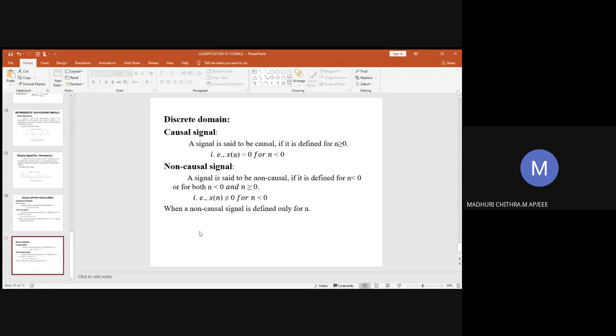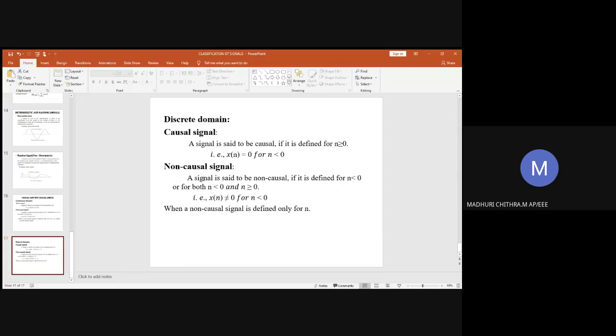So in discrete domains, what will happen? A signal is said to be causal if, instead of t, we use n, with n ≥ 0. That is, x(n) = 0 for n < 0. And what will happen in a non-causal signal?